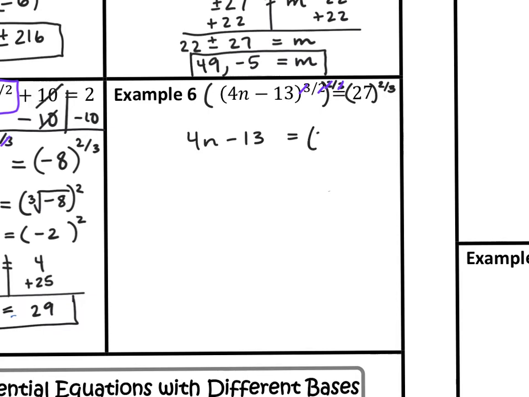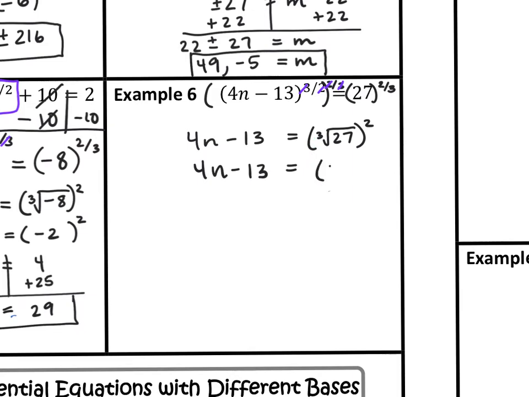It's going to be the cube root of 27 squared. Let me copy the left side because I want to simplify the right side first. What is the cube root of 27? What number multiplied 3 times by itself will give me 27?